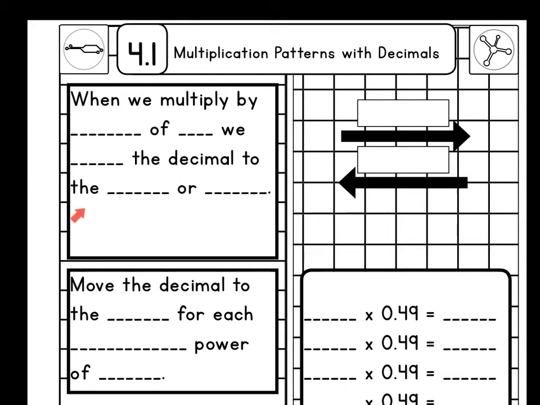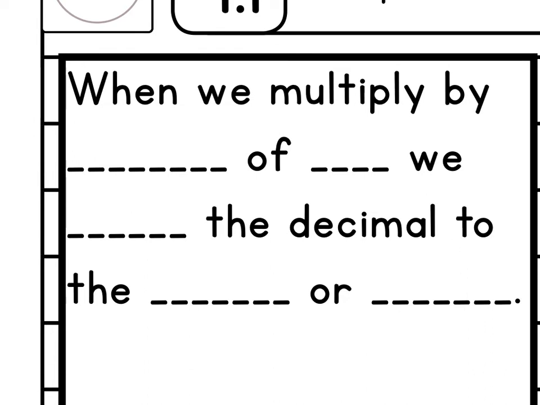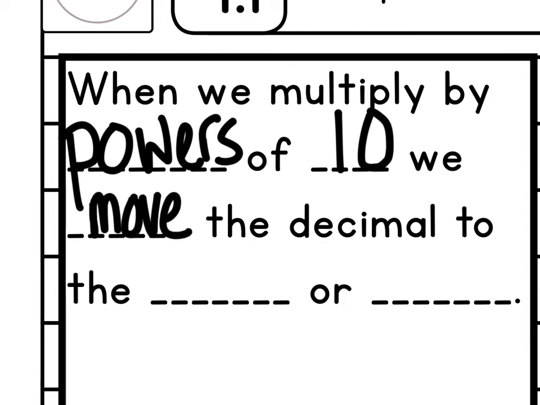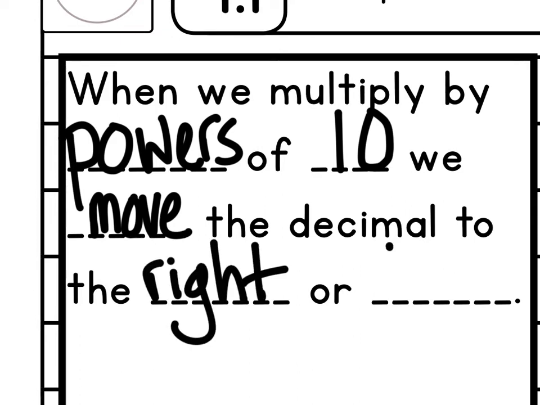First off, in this box right here, it says, when we multiply by, you'll get your writing utensil, and we will write, when we multiply by powers of 10, we move the decimal to the right or left. Go ahead and fill that in. Pause the video if you need to.